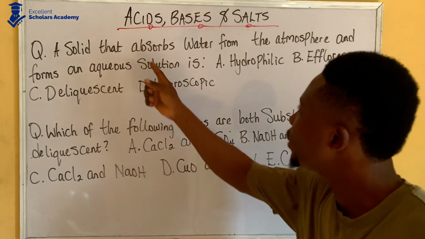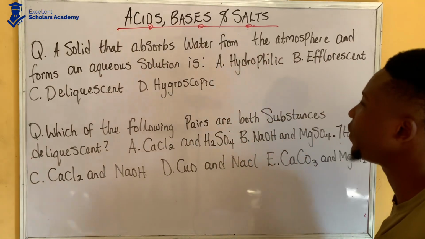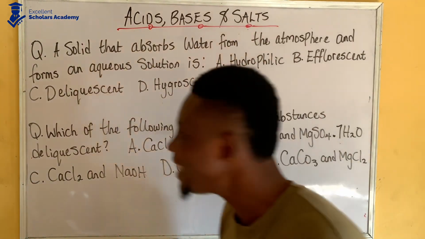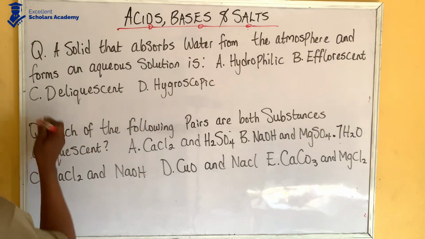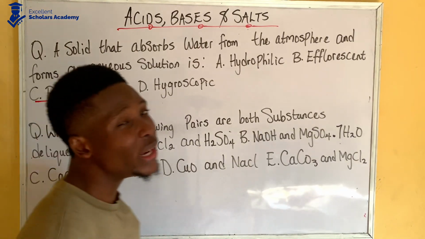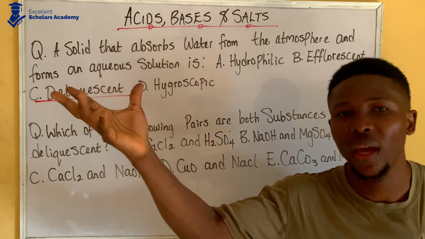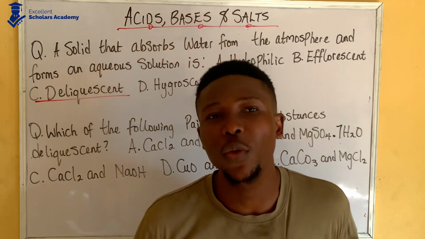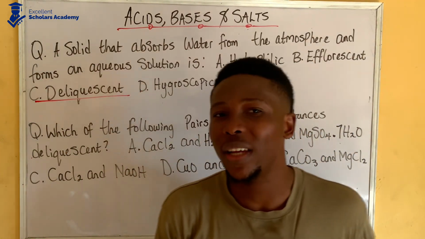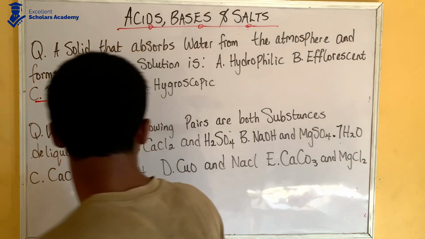Now the question says, a solid that absorbs water from the atmosphere and forms an aqueous solution is simply deliquescent. When a substance is exposed to the atmosphere and it absorbs water to form an aqueous solution, that substance is said to be deliquescent. Now you can see other options.